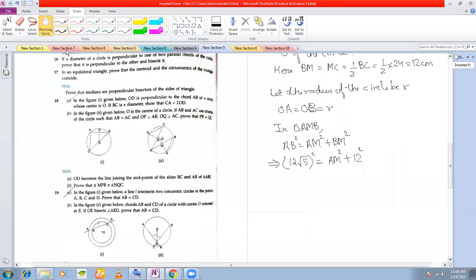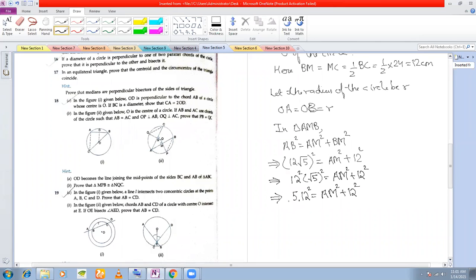So let us now find out the length of AM. So this is 12 square into root 5 square is equal to AM square plus 12 square. That means this is 5 into 12 square is equal to AM square plus 12 square.